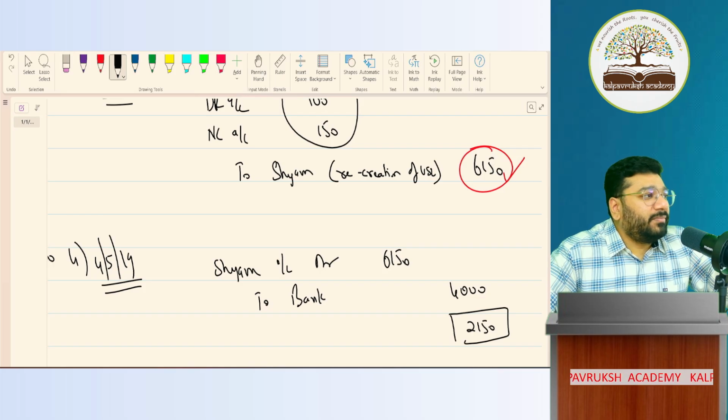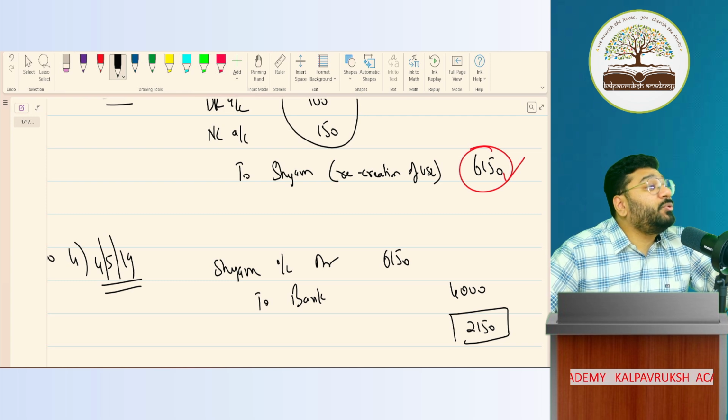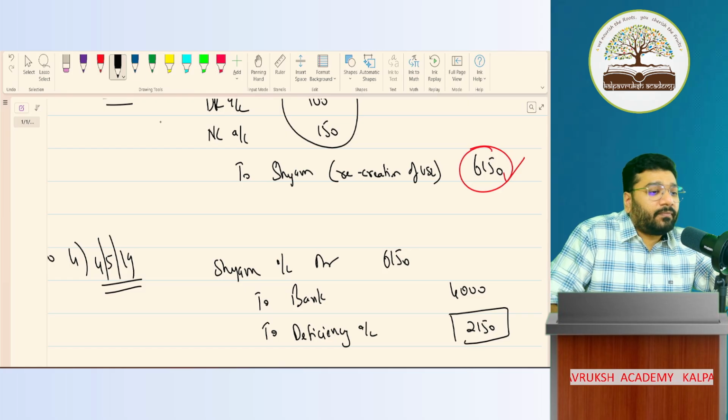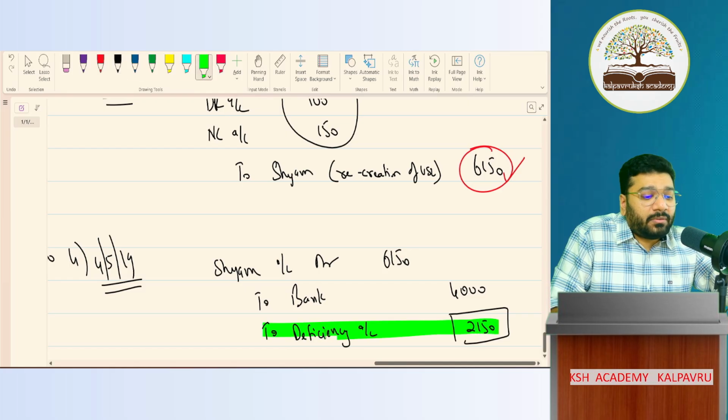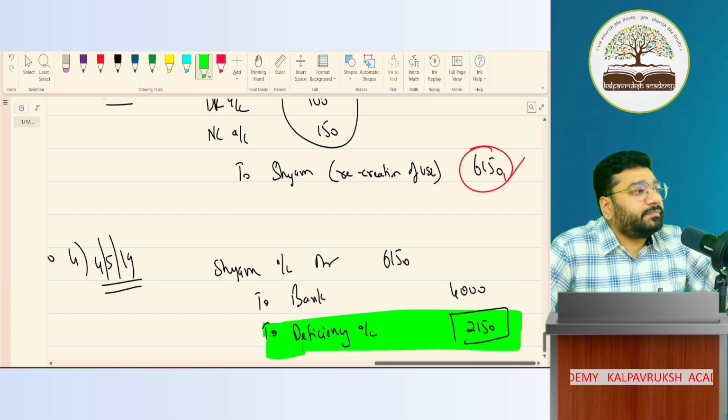The accounting rules say transfer this to deficiency account. Any money that you are not able to pay will be transferred to deficiency account.